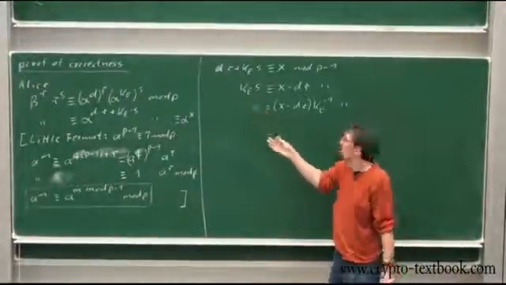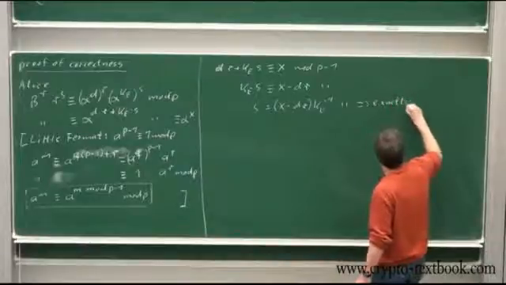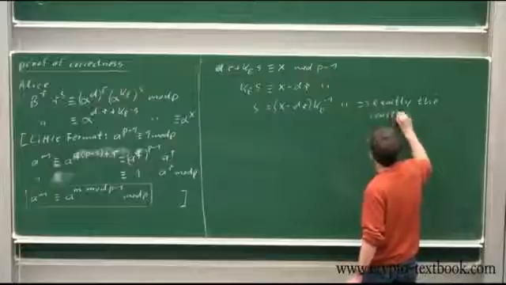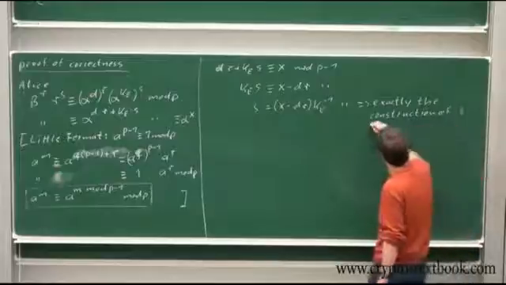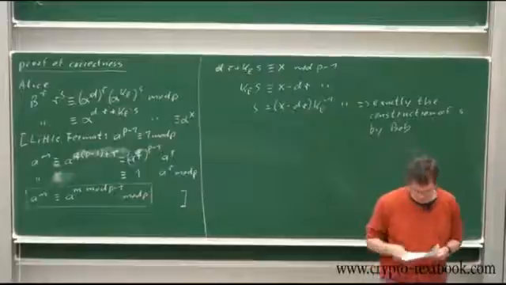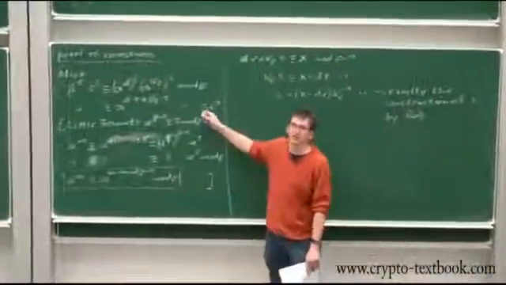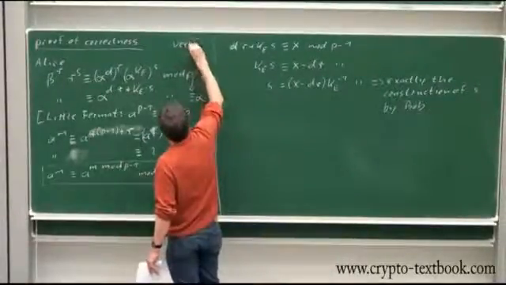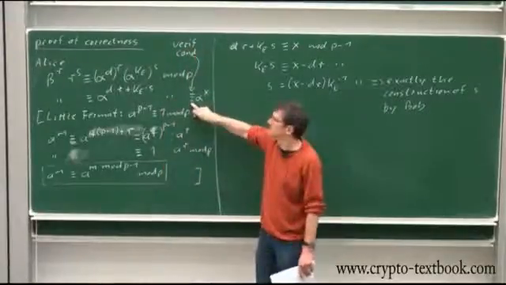So what you see here is exactly the construction of s by Bob. That means, and this was the condition, this is the verification condition, right? That was a Bedingung that we have a valid signature.